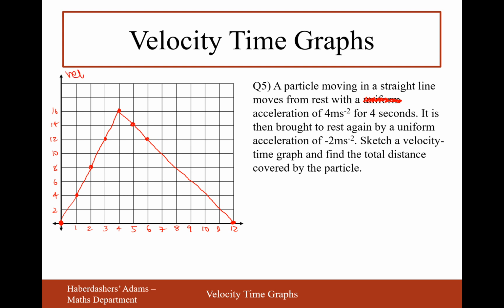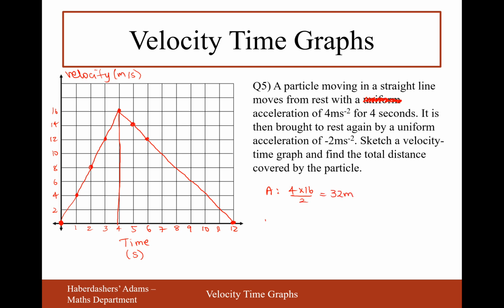So this is a velocity time graph. Let's put the axes in. And the final question we've got here is find the total distance travelled. So what we'll do is divide the sections of the graph into 2. Section A is base times height divided by 2, 4 times 16 divided by 2, that would be 32 meters.